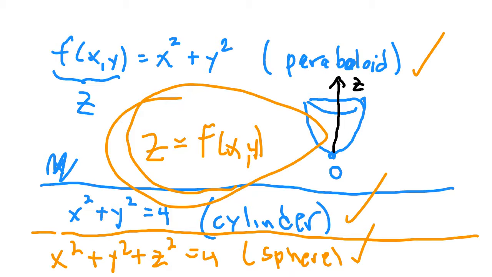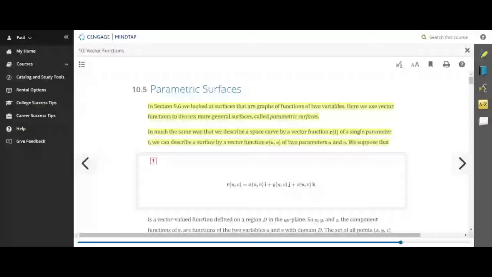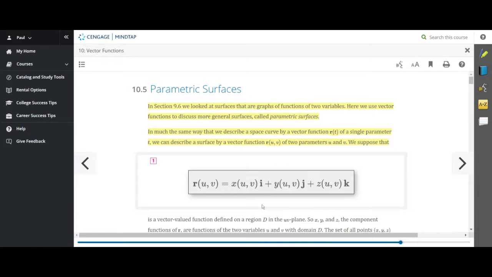All right, so let's head back to the book here. So how are we going to take on this task? Well, what we do is this.